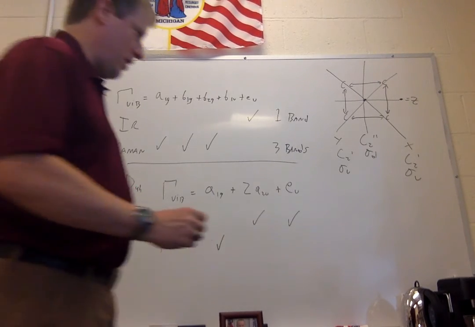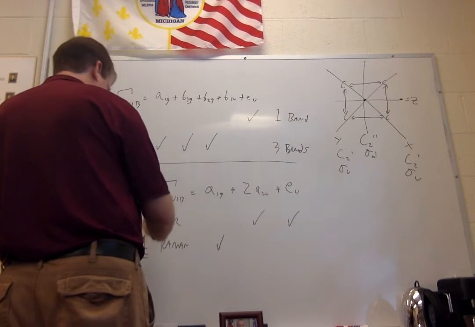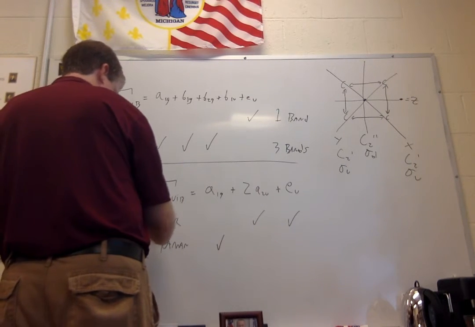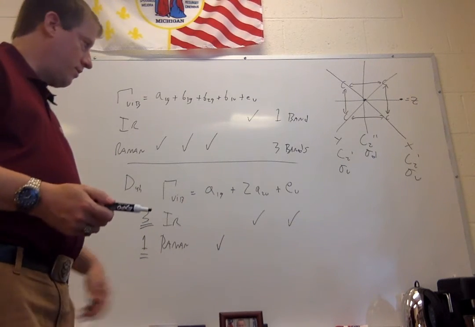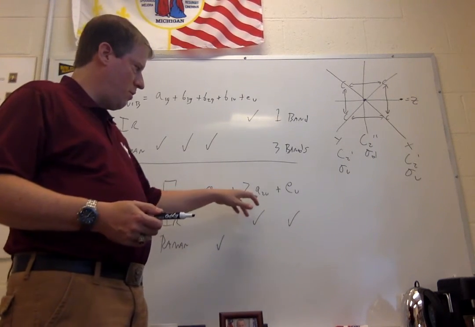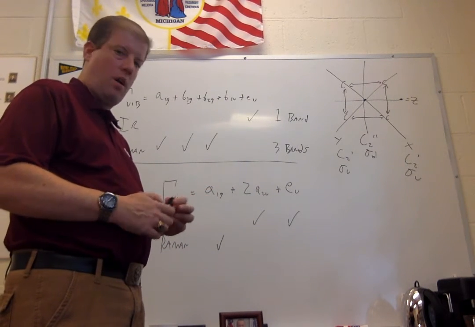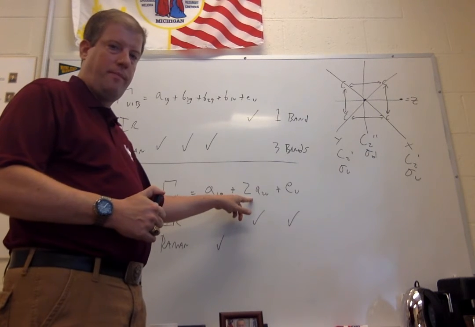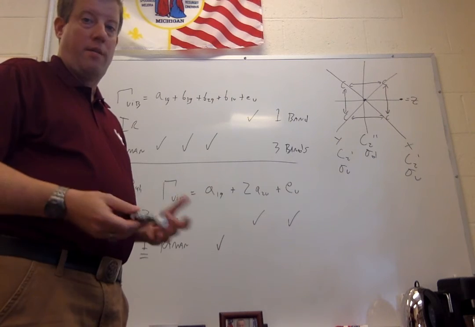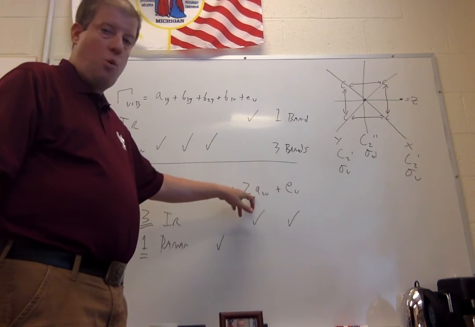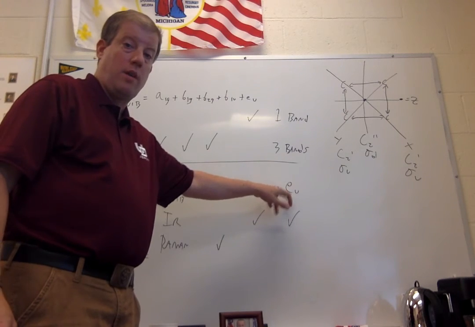There's only one Raman band, but there are 3 IR. Because even though you have 2 stretches, or wags, or bends, or whatever they are, of the same symmetry, they're going to probably have different energies. It doesn't matter if they do or don't. You have 2 IR bands coming out of the A2U, but only 1 out of the EU.